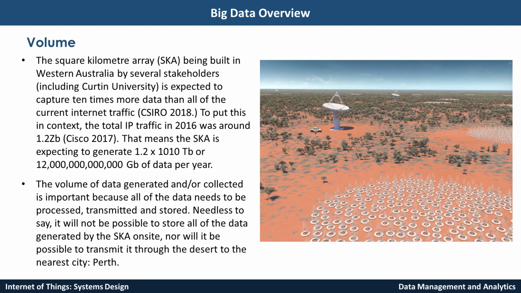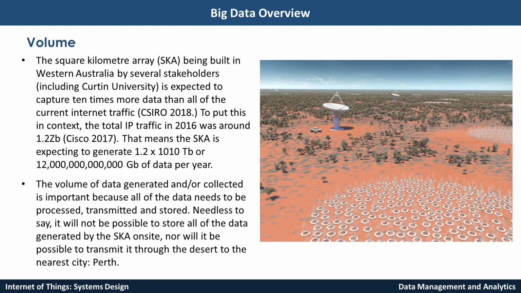This is another example of a large volume of data, but here we are talking about sensor data, which broadly comes under IoT. This is the Square Kilometre Array being built in Western Australia. The Square Kilometre Array is a radio telescope that generates 1.2 times 10 to the power 10 terabytes of data each year.